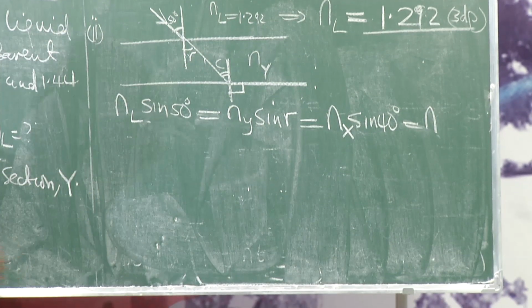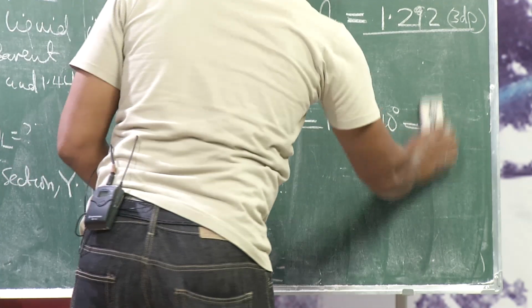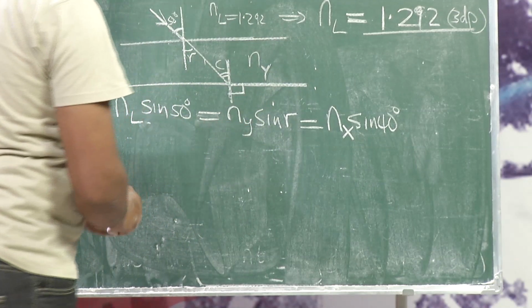which should also be equal to n sin i at this point, should be equal to n sin i at that point. So even if we consider only those two, we should be able to find our value.